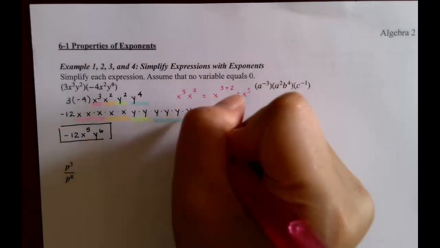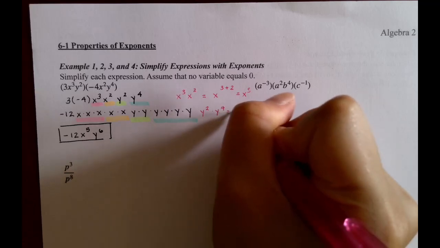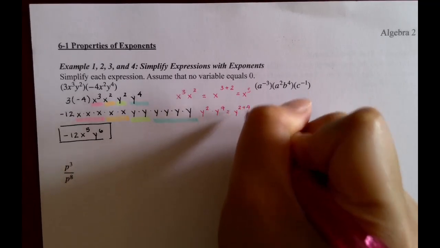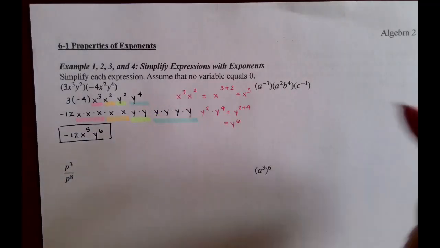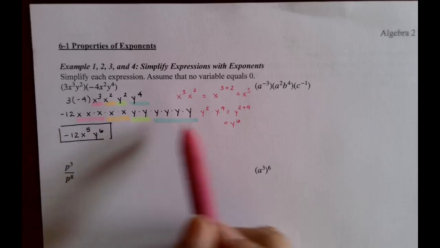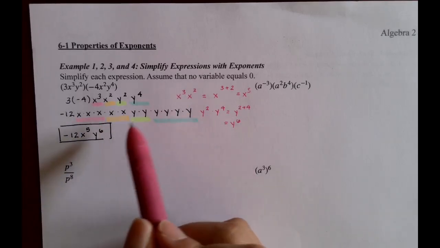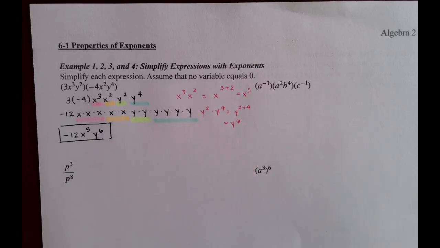And here with our y squared and our y to the fourth, I can add them, 2 plus 4, and that's why it's y to the sixth, right? Because if the exponents were bigger, we're not going to spend all of our time writing it out, right? But based off of the definition of exponents, we know that we can add them, okay?